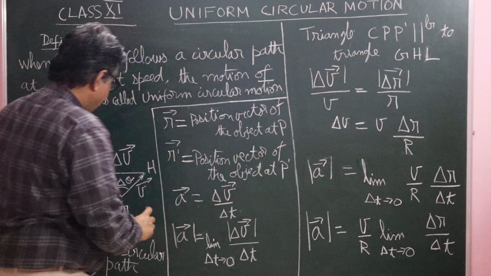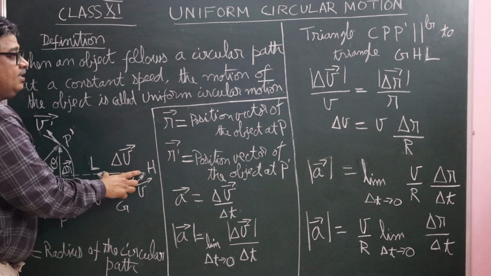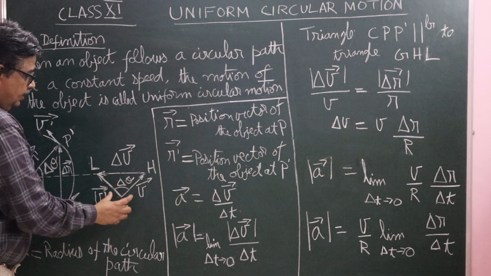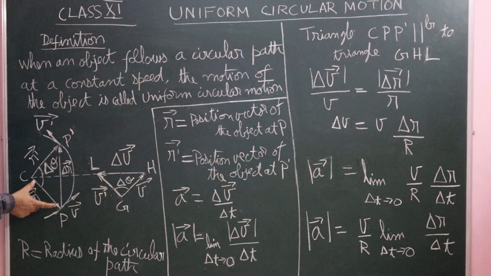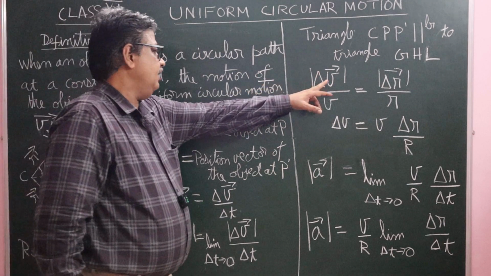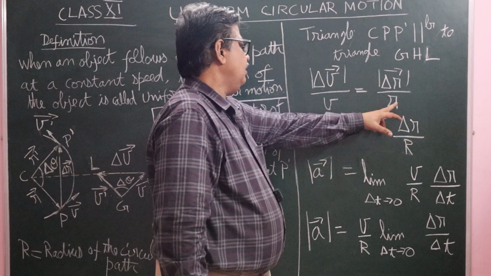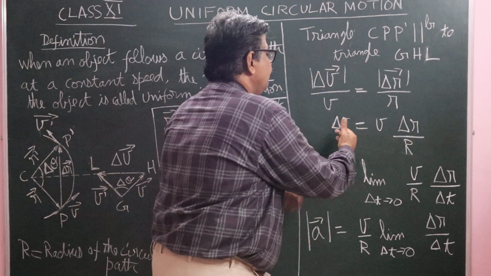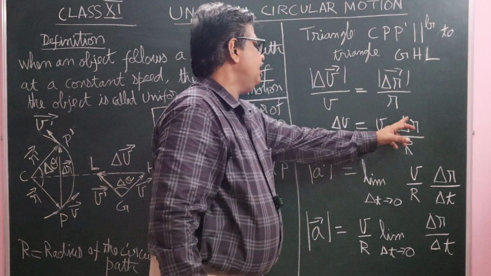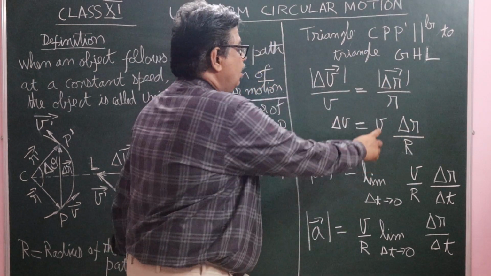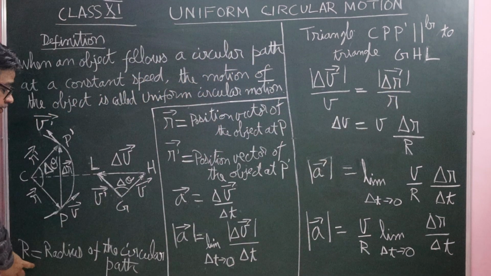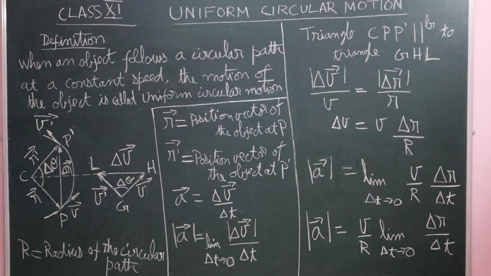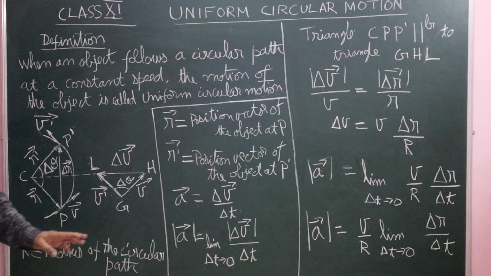Therefore, del V divided by V is equal to del R divided by R. Taking V to the right side, del V equals V into del R by R. R is the magnitude r, the radius of the circular path.